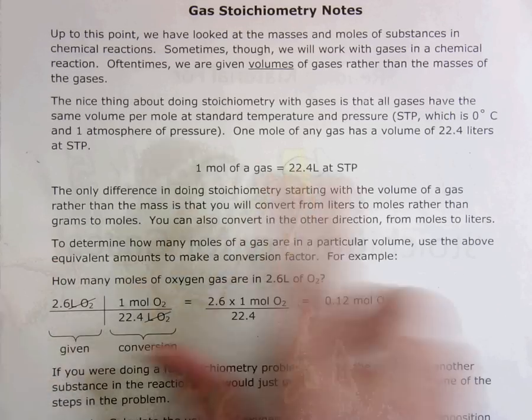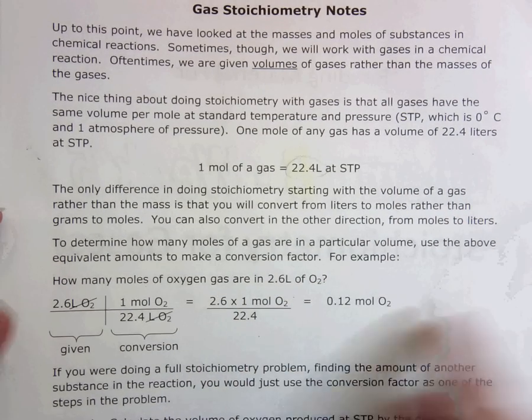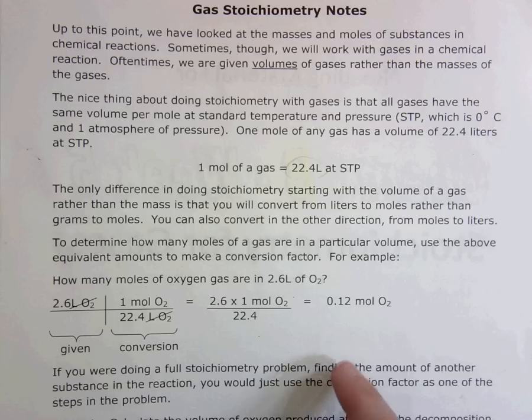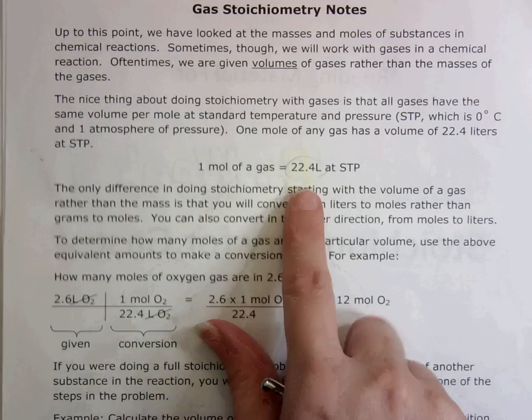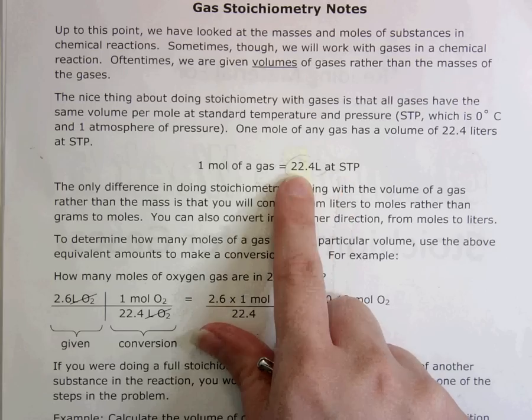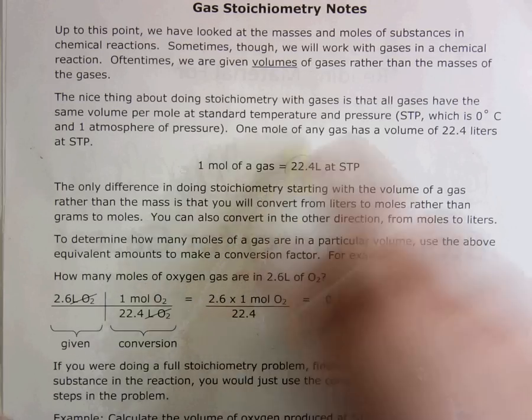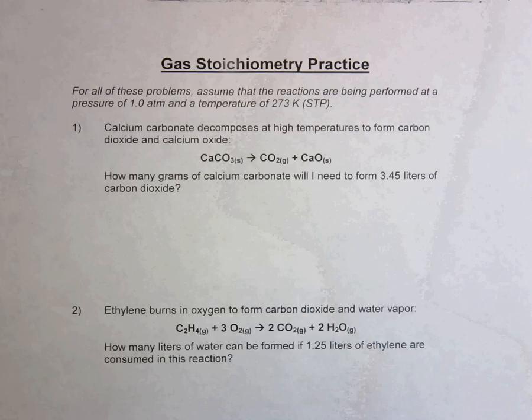It doesn't matter what gas it is. It could be O2, CO2, Cl2, whatever gas we're looking at. If we have 1 mole of it at standard temperature and pressure, we have 22.4 liters of it. This is going to make our math a little bit easier when we have to work with liters.